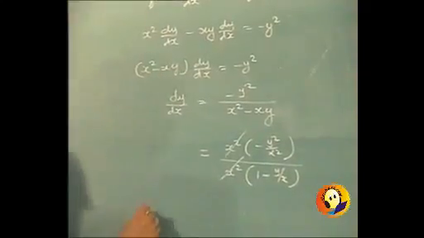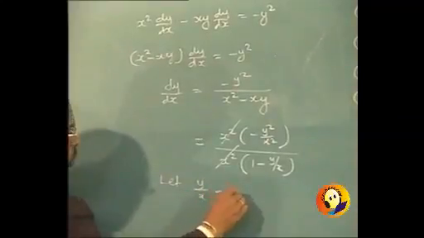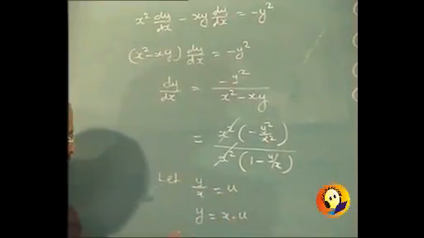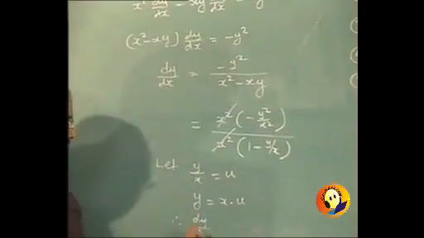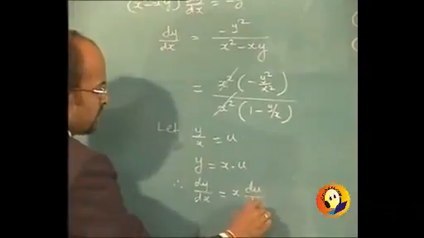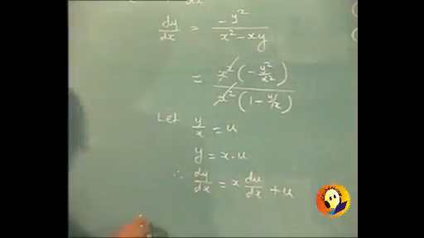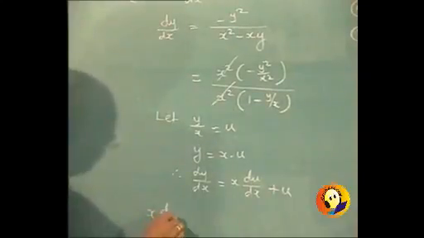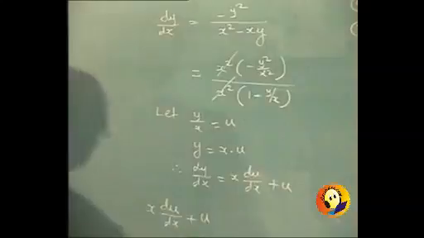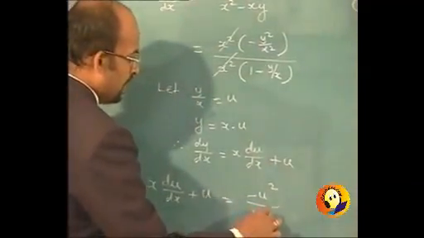With the same substitution, that is, let y upon x is equal to u, that is y equal to x into u. Therefore, dy by dx is equal to x into du by dx plus u. We can rewrite the given equation as x du by dx plus u is equal to minus u square upon 1 minus u.